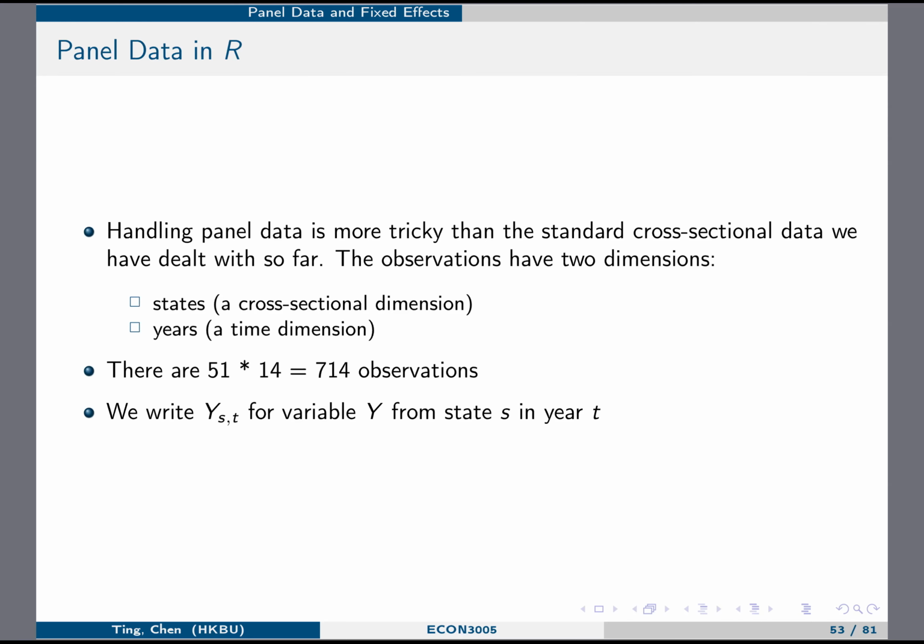Normally we will write the equation with the dependent variable, in that case the mortality rate, Y, with the subscript st. It indicates that variable Y is from state s in year t. It contains two dimensions, and the subscript directly points to the dimensions of the data.